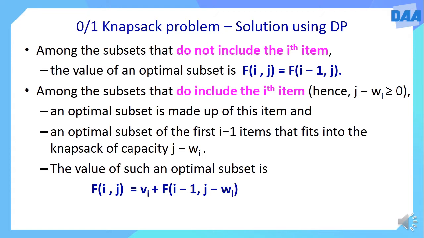Before adding the ith item, the total weight of the knapsack is j minus wi.